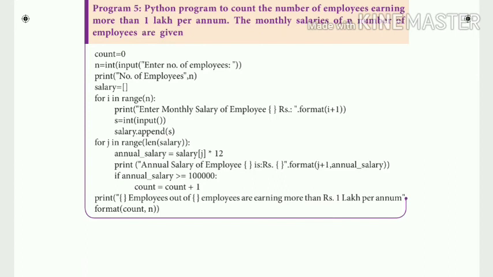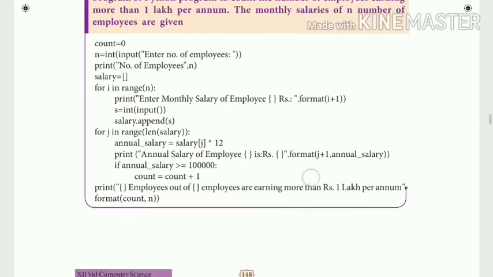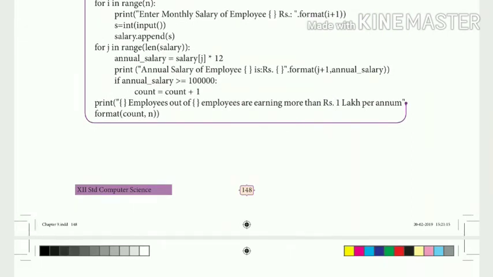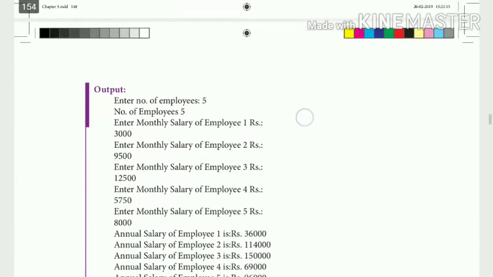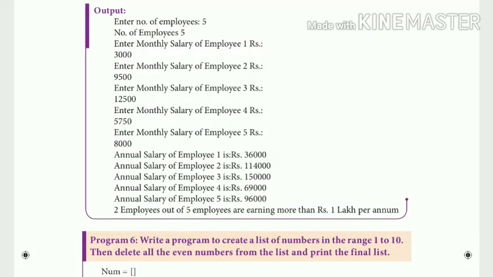Now a for loop is used to get the salary of everyone, and comparing it with the limit. If the salary is more than 1 lakh, then count is increased. With format count comma n, the output is: 2 out of 5 employees earn more than 1 lakh.